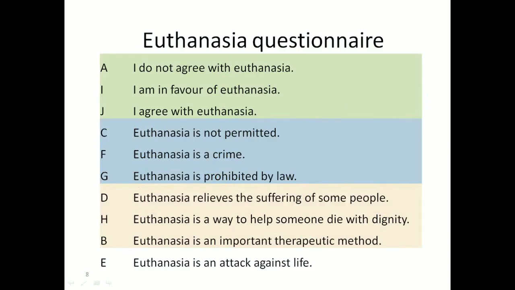Let's move on. Just to remind us that the green refers to the generalized attitudes towards euthanasia. The blue area is legalistic, and the third one has to do with compassion, maybe, the way people feel about other people's rights to euthanasia.